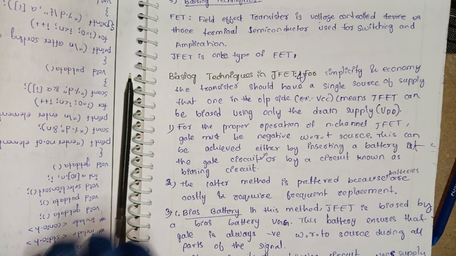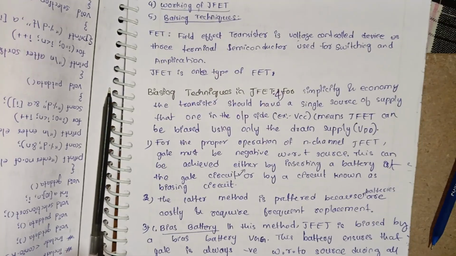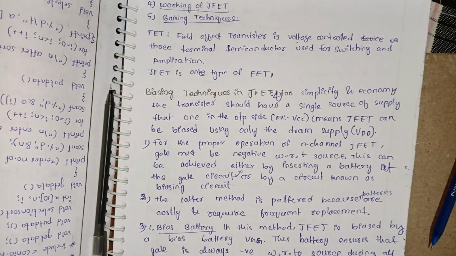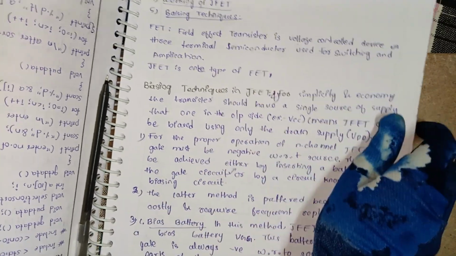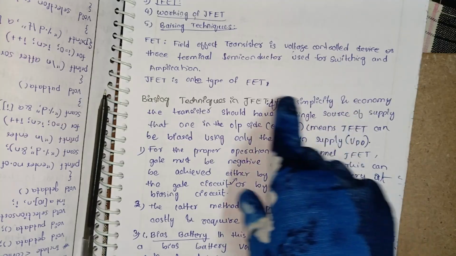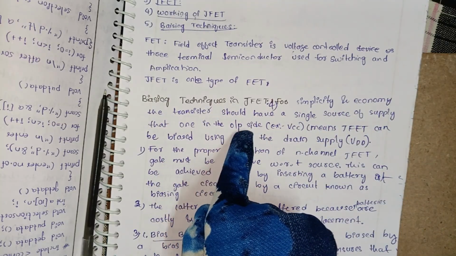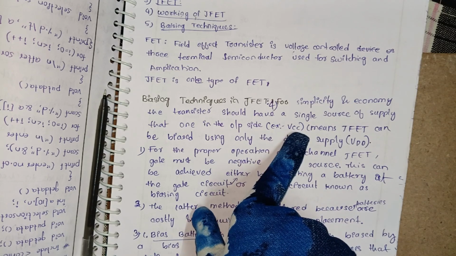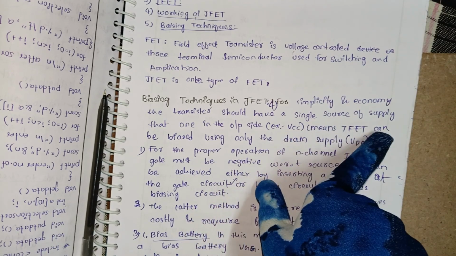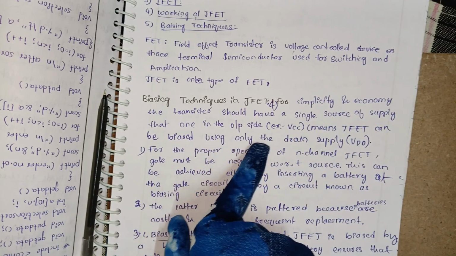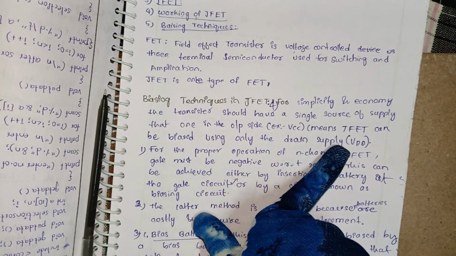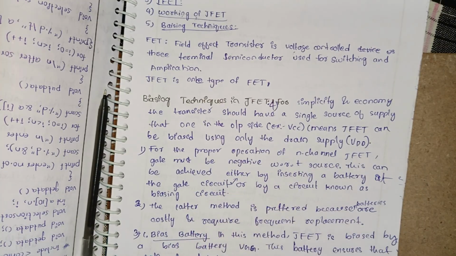What the actual biasing means is, for simplicity and economy, the transistor should have a single source of supply, the one on the output side, VDD. It means the JFET can be biased using only the drain supply, VDD.